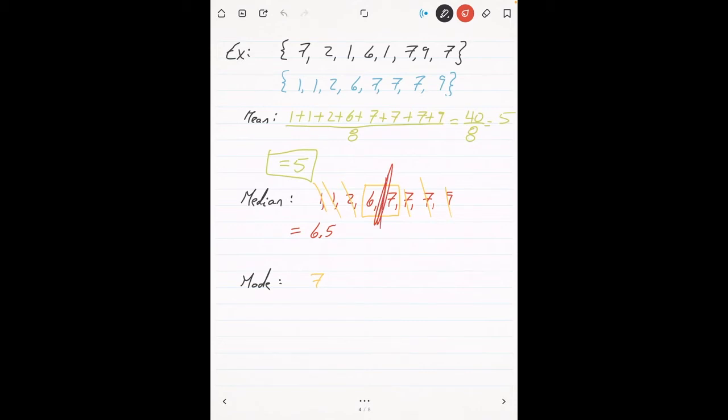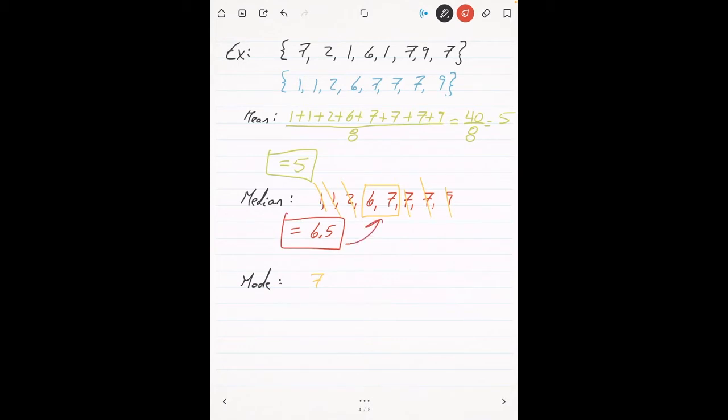So what we do when we need to find the median of an even number of data points, you take what's in between the 2 middle numbers. So the 2 middle numbers here are 6 and 7, so take the value that's in between them. 6.5 would be the median in this case.